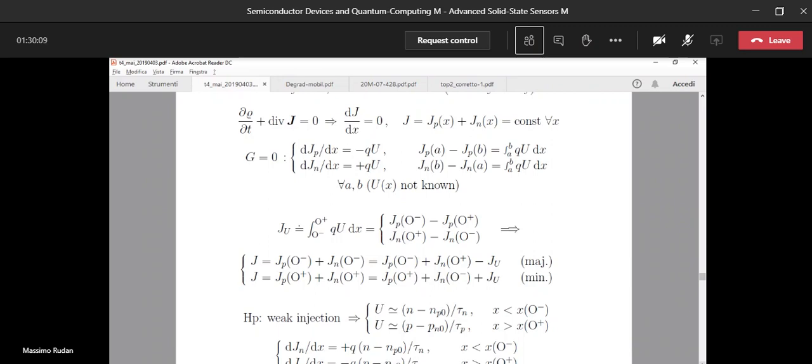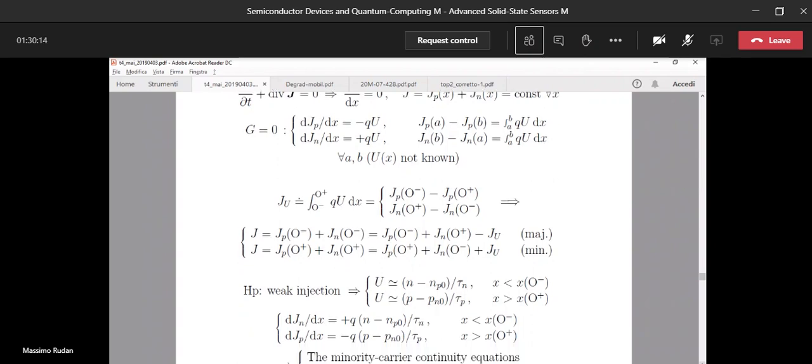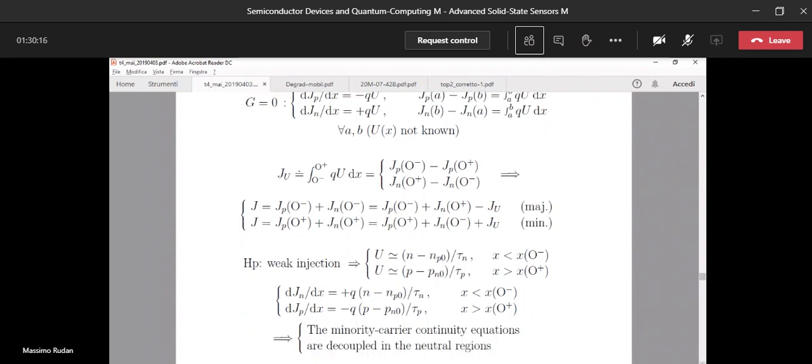So if we take the hypothesis of weak injection, we can say that in the neutral region of p-type, that is, as you see there, on the left of O minus, we can simplify the net recombination term as n minus np0 over tau n. Tau n, you remember, is the lifetime of the electrons that are the minority carriers in this case.